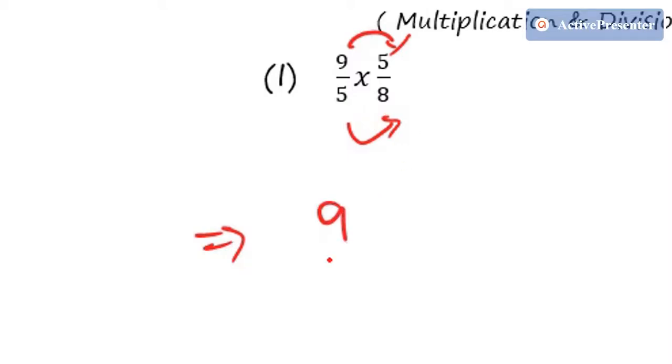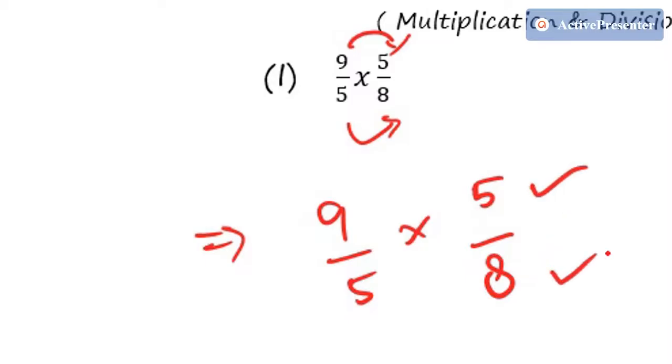Now 9 by 5 multiplied by 5 by 8. You can just cut the numerator against the denominator if they are the same and divisible. Here the value 5 is in the numerator and 5 is also in the denominator, so we may cut 5 with 5.